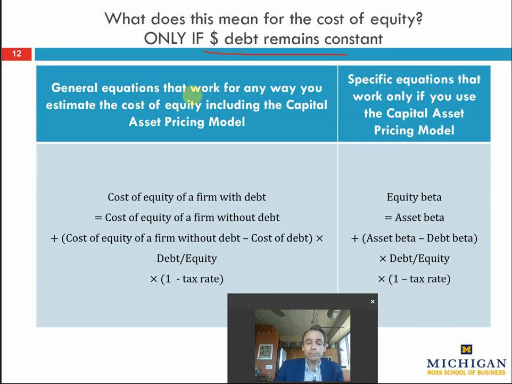In our weighted average cost of capital computation, we typically invoke a constant percentage debt assumption. Not always, but that's very often the case, and lots of investment bankers adopt that assumption when coming up with the cost of capital. So it's important that you have the same view on leverage to come up with your estimate of the cost of equity as you use in your discount rate for valuation.